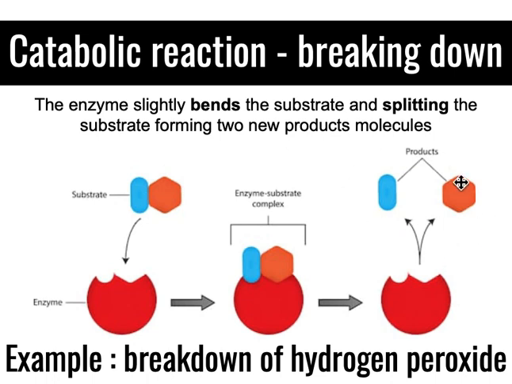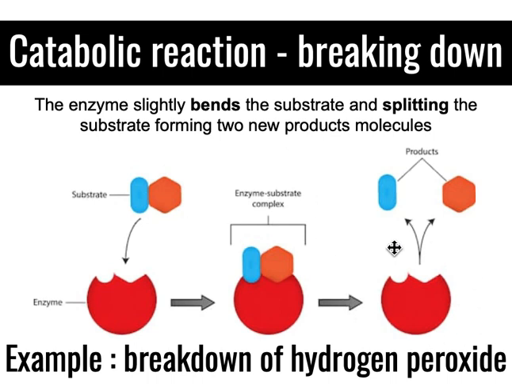And these products will be released by the enzyme, and again the enzyme now has a free active site which is available to join with a new set of substrates, forming an enzyme substrate complex, and then splitting the substrate to form two new products. This process goes on and on until all of the substrate has been used up.